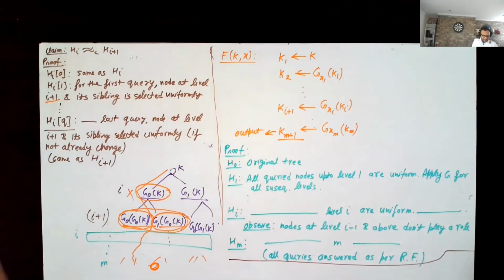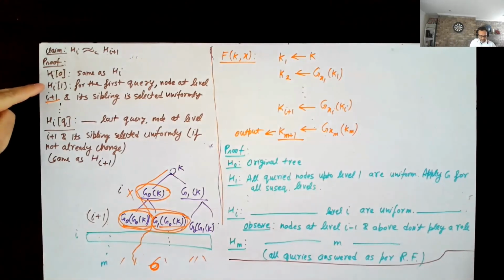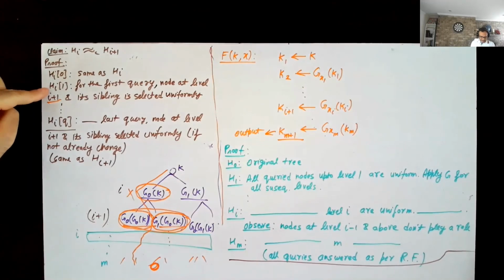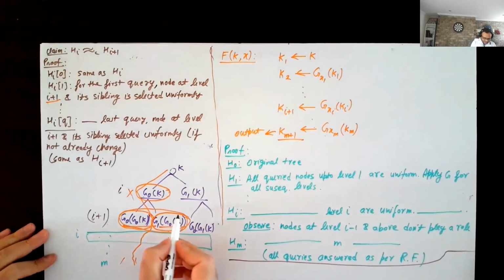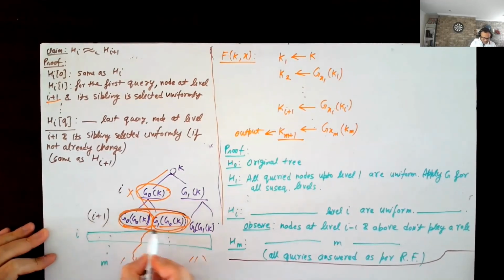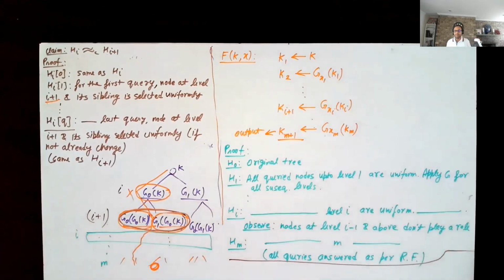Because, for example, in hybrid H_i0 and hybrid H_i1, the only difference is how these two values are selected. Earlier, they were output of the PRG, and now it's just two uniform strings.